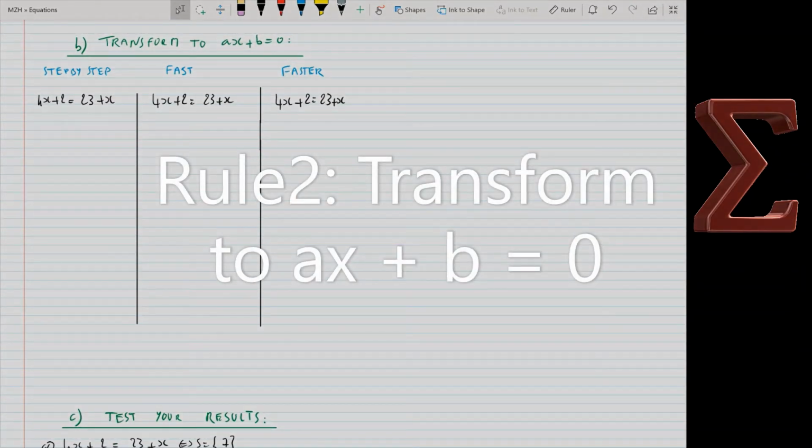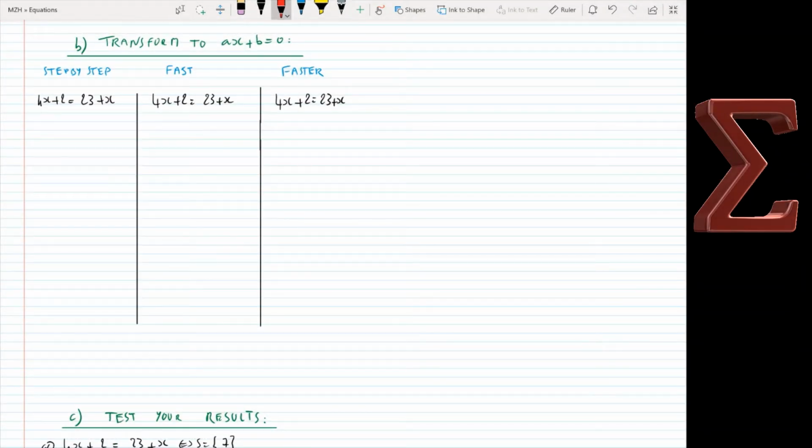We've seen in theory lesson number 1 how to solve an equation that can be written in the form ax plus b equals 0. As we've seen earlier, not all equations are written in the form ax plus b equals 0. For example, here we're looking at this equation: 4x plus 2 equals 23 plus x.